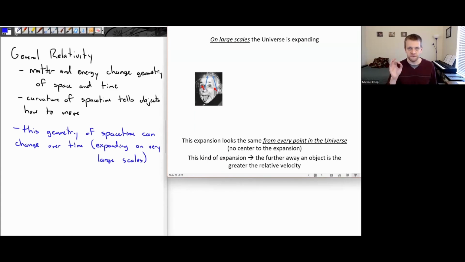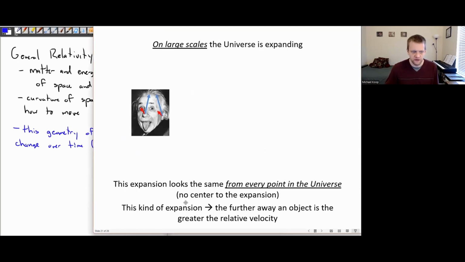But there are a couple of very important points about this expansion that I want to make. Let's say I've got a universe. Let me zoom in on this a little bit so we can see this better. Let's say I've got a universe consisting of Einstein's head, and I live on Einstein's nose, looking at different points in the universe: part of his eyelash and a tuft of hair up here.